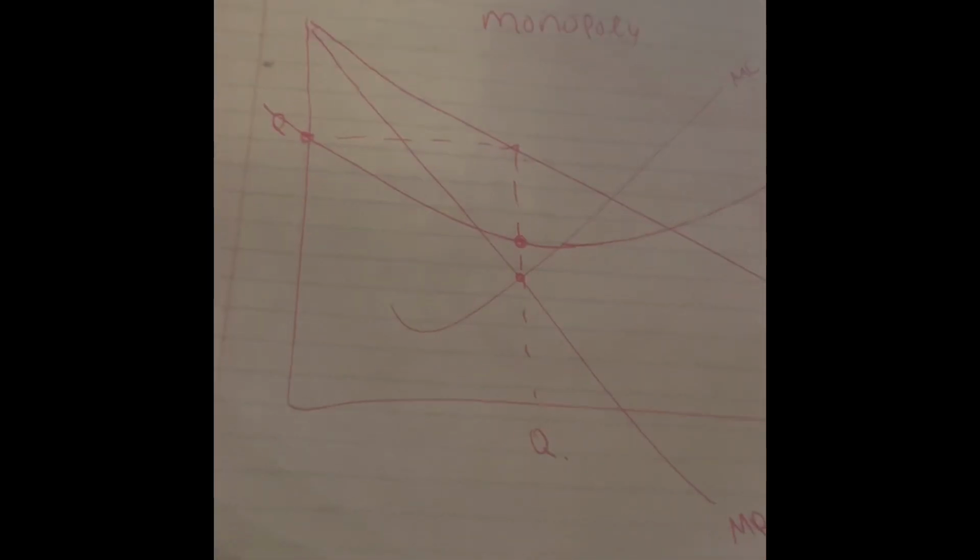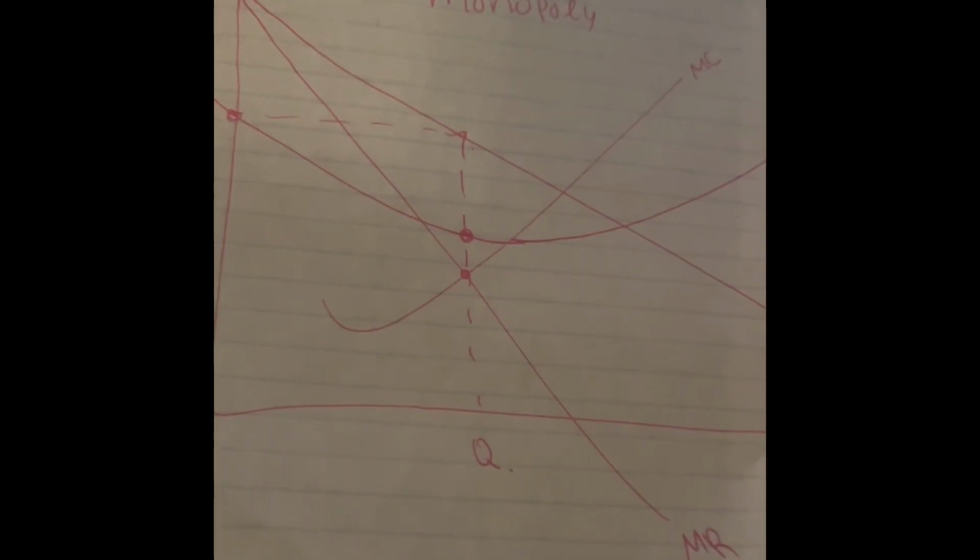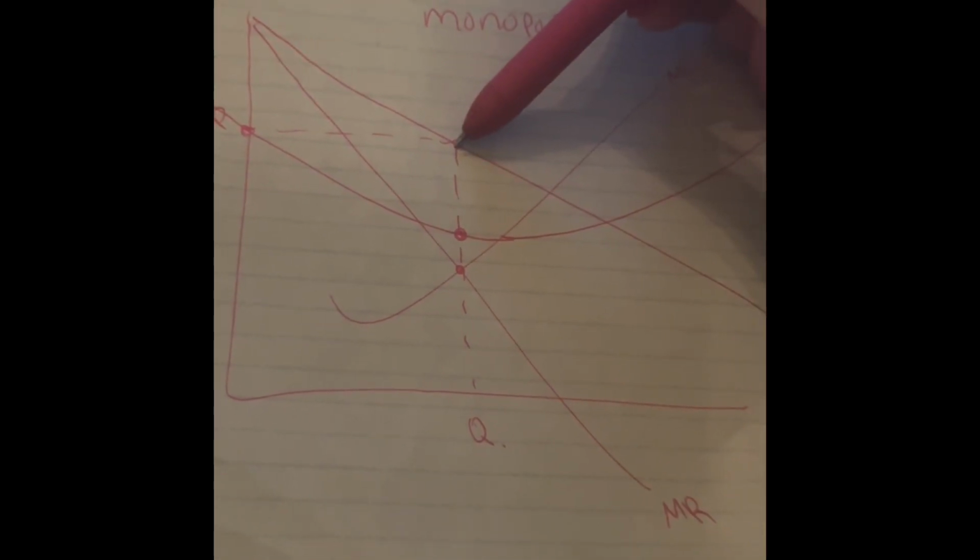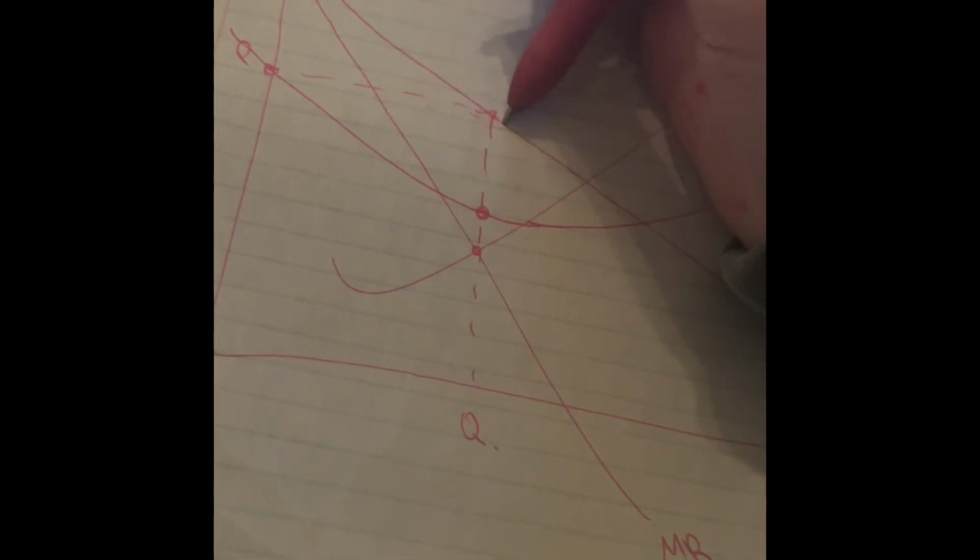So for this case, we're going to show monopoly earning profits. So the average total cost curve is going to be above the marginal revenue line. So it's going to look like that for the average total cost. And then you are going to go up to the demand and go over to the price.